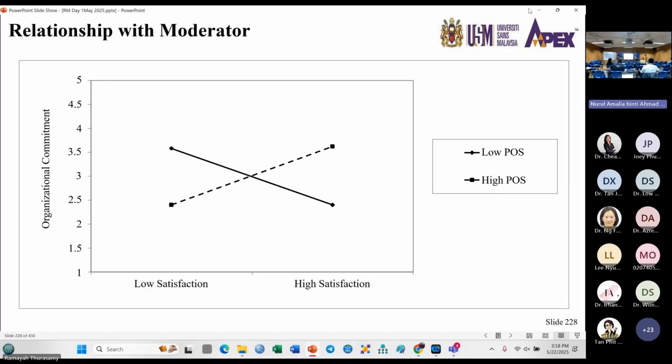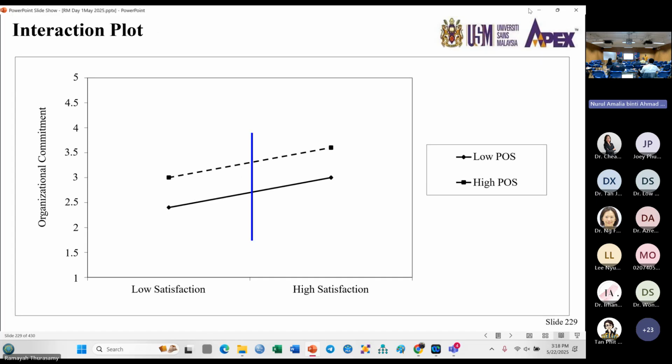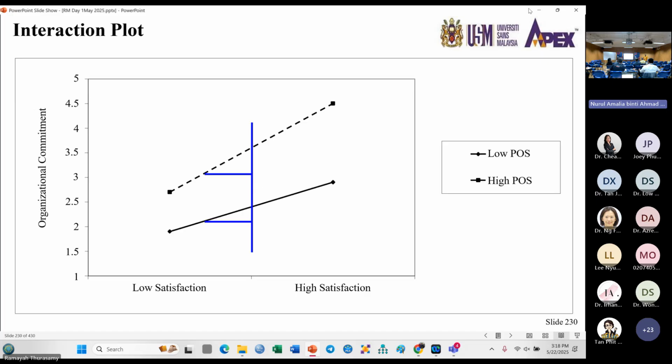Most of the time we will not be doing this in our area. What they are interested in is the gradient of change. If you have two parallel lines like this, there is no moderation. What you are expecting to see is something like this. Here it doesn't change the direction, both are positive, but one is stronger and the other is weaker.